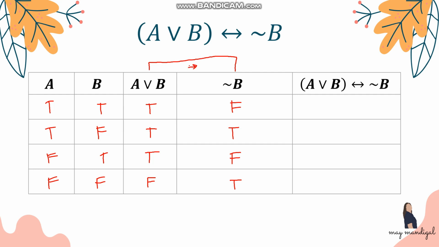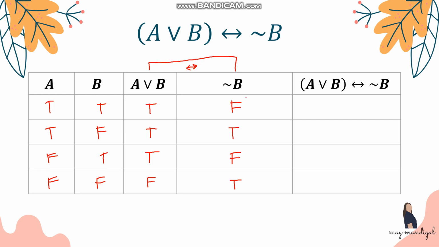And so it's if and only if. So remember, in biconditional proposition, the only time that it will be true is when both the statements have the same truth value. So our biconditional proposition will be true if both antecedent and consequent are true, or both of them are false. So in this case, let's see.